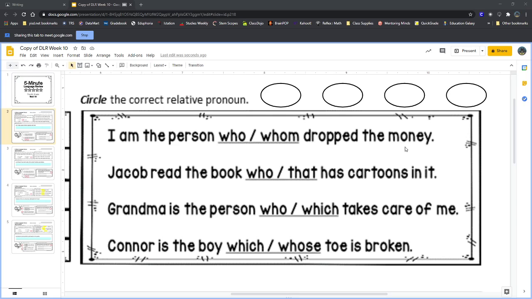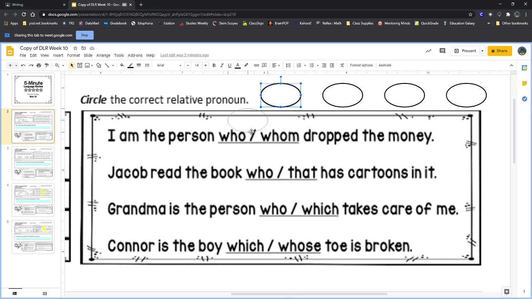Chase, which one do you think it is? First one or the second one? This one would be who. I am the person who dropped the money.